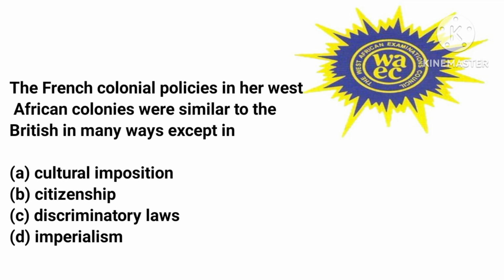So this is what is also similar in the French approach to colonialism and the British approach to colonialism. What is different is their approach to cultural imposition, while the French colonial masters used direct rule, the British did not use direct, they used indirect rule. So option A, like I said, is the correct answer.